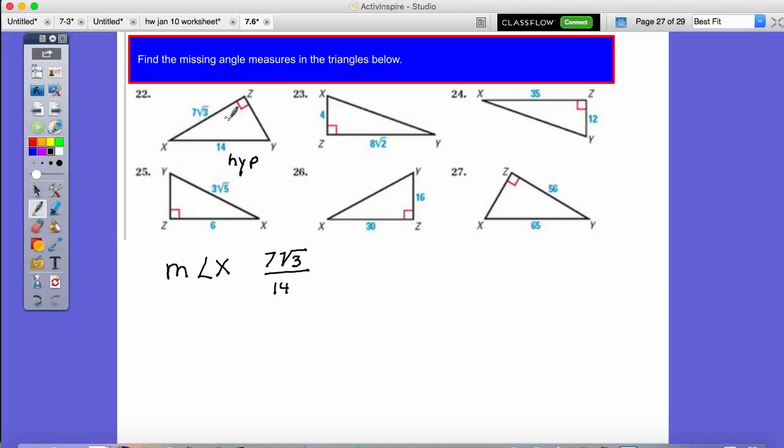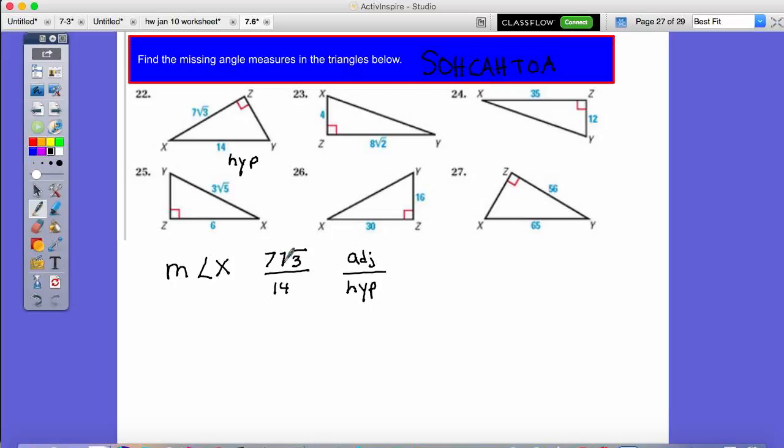And that is the adjacent leg divided by the hypotenuse, because when I have an adjacent leg and a hypotenuse, that's how we set it up. And that gives me cosine. If you don't remember, it's SOHCAHTOA. So when I have an adjacent and a hypotenuse, I'm finding the cosine.